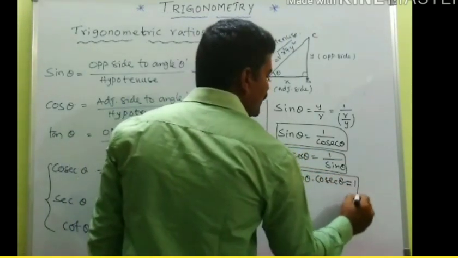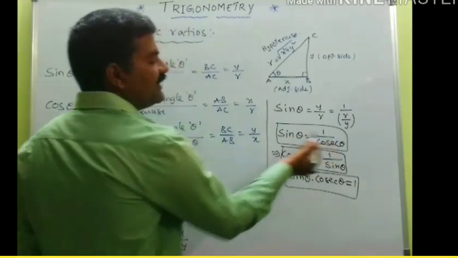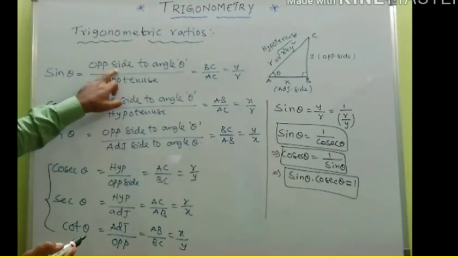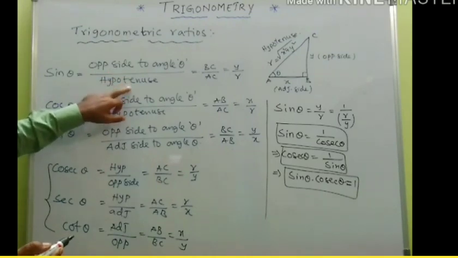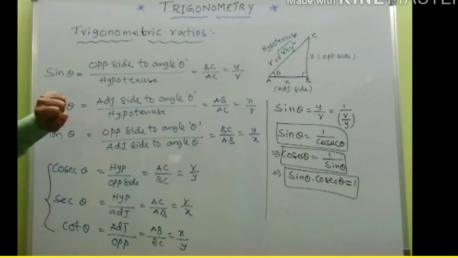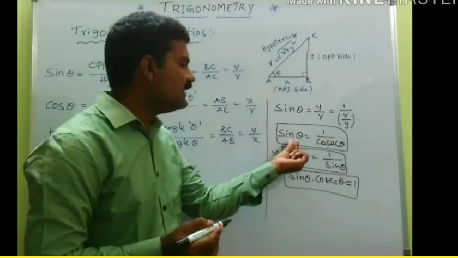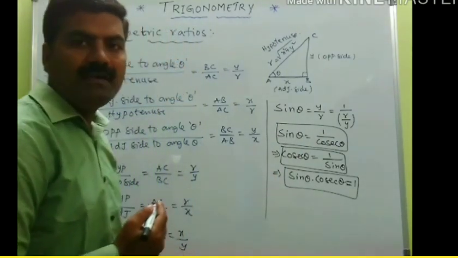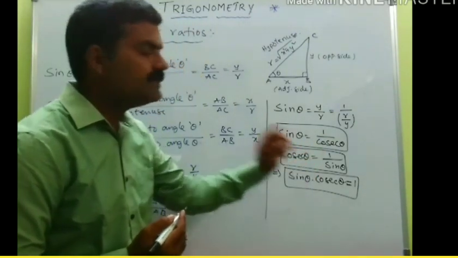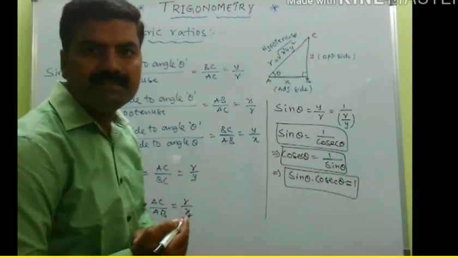So result number 1, sin theta we can express as 1 by cosecant theta. Of course, sin theta is always the opposite side to angle theta by hypotenuse. This is the basic fundamental formula for sin theta, but the alternate is that we can also write it as 1 by cosecant theta. Similarly, cosecant theta we can write as 1 by sin theta.